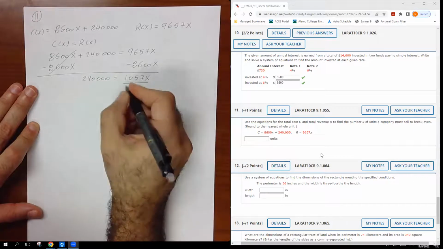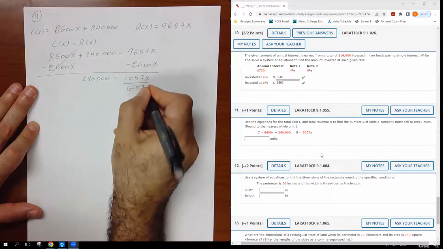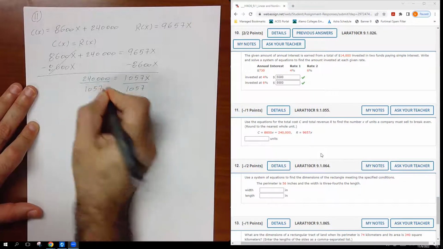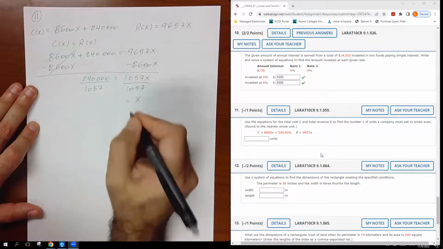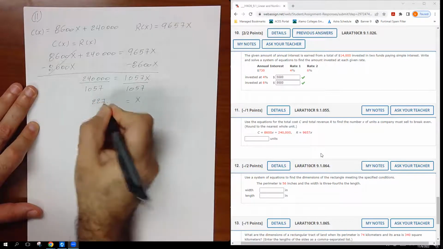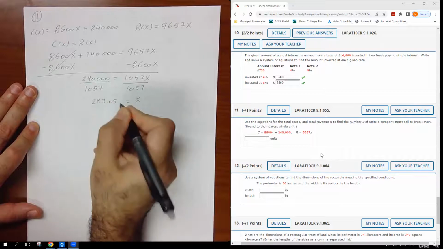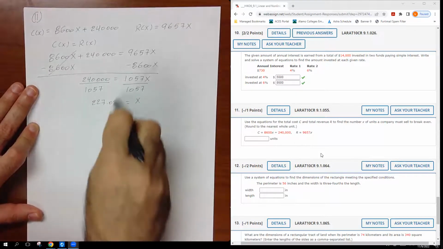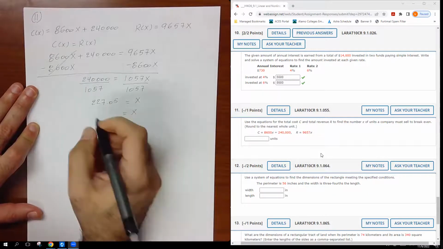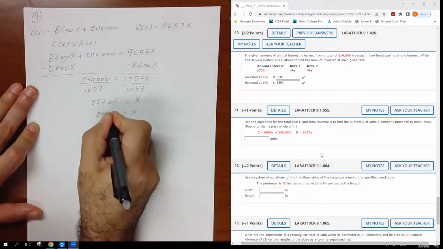Divide both sides by 1057. This means X is going to be equal to 227.05. They ask you to round to the nearest whole number. That means X is going to be equal to 227.